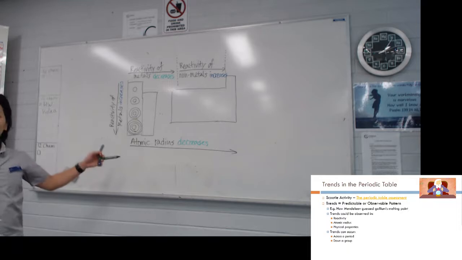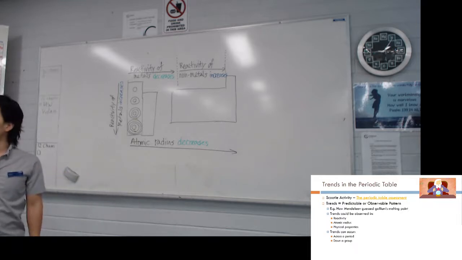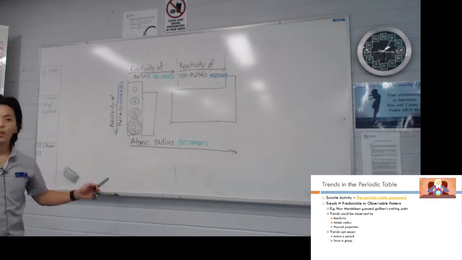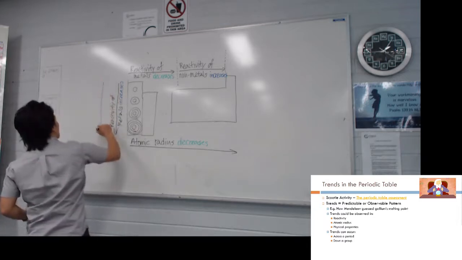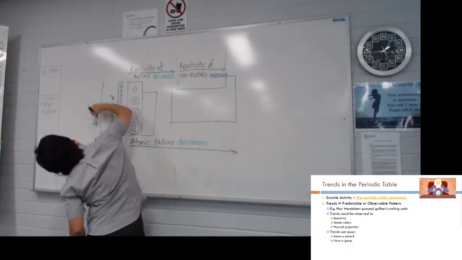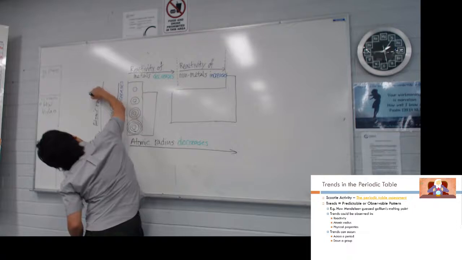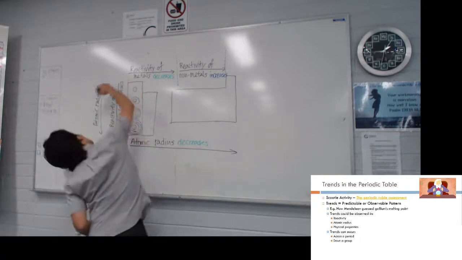So 1, 2, 3, 4. So naturally, what's going to happen to the size, the atomic radius, as you go down? It increases. And visually you can see that there, right? So atomic radius increases. You keep using blue.